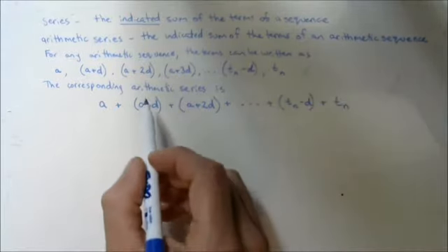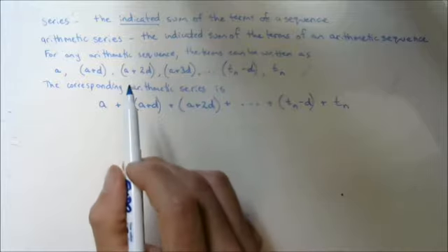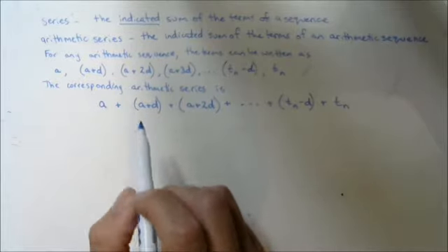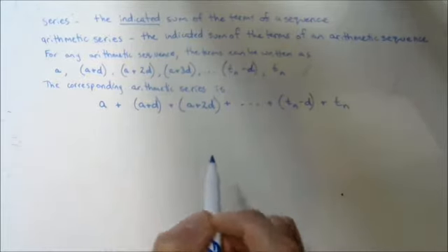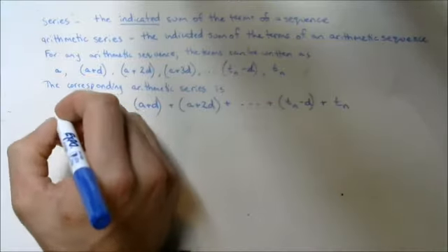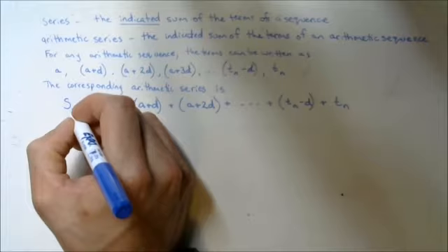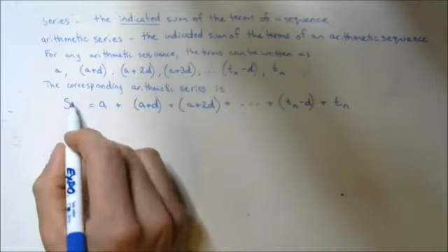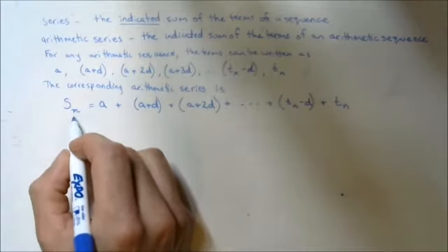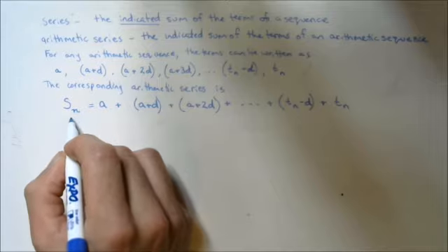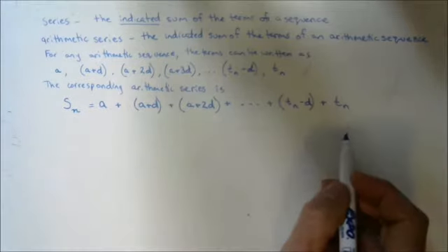Okay, an arithmetic series is simply the sum of the indicated terms in the sequence. So here we have the series, and we don't know how many terms there are in this particular one. It's a general case. We're taking all of the terms indicated here.